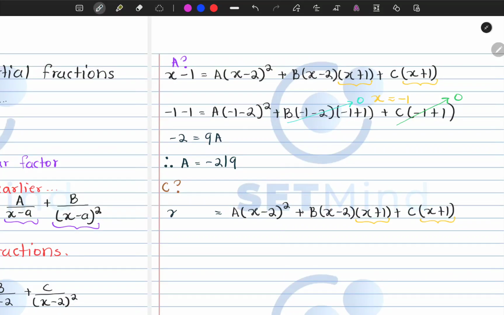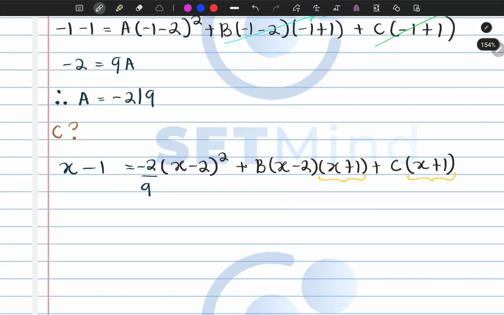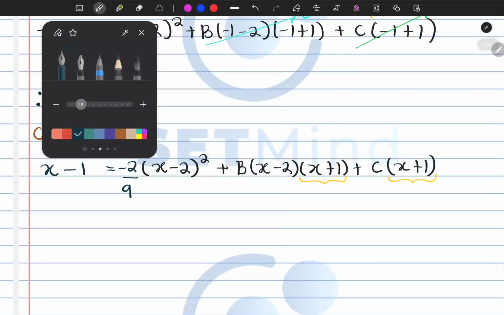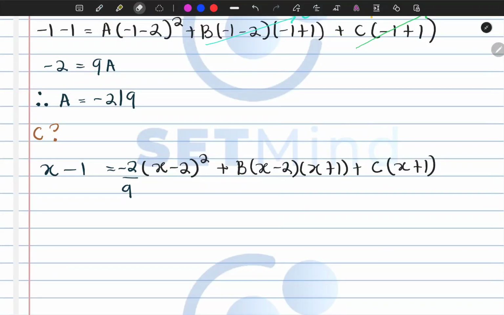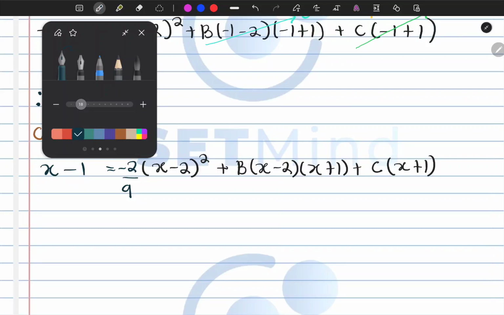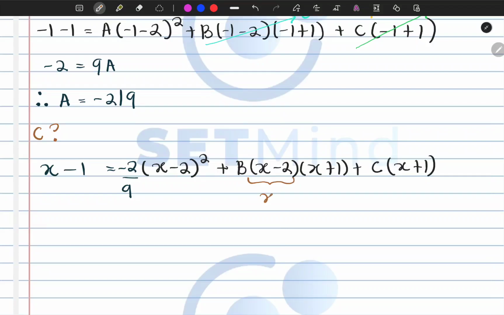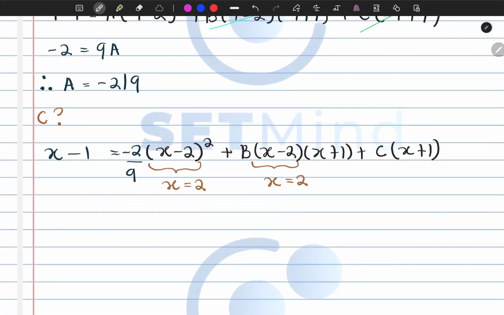So this is equal to x minus 1. The a we found is -2/9. That is what it is. But because I'm looking for c, and I don't want the c term to be 0, it means my x can't be -1. But if I look now at the b, I can set x is 2. Luckily, x is 2 is going to eliminate even that term.